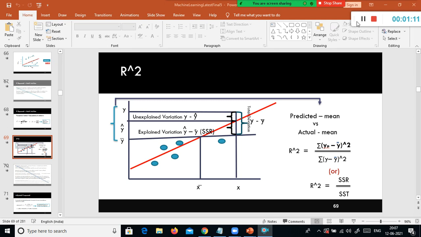So I told you how to use the RMSE, right? Just by looking at the RMSE value alone you cannot decide how small is small and how large is large. Suppose your RMSE value is 22.3, that doesn't mean it is too big or too small.